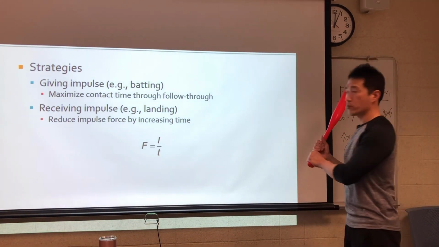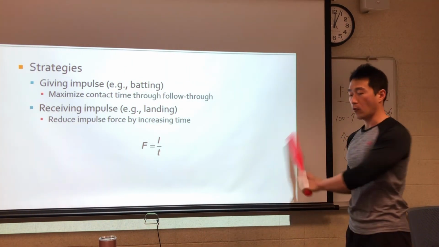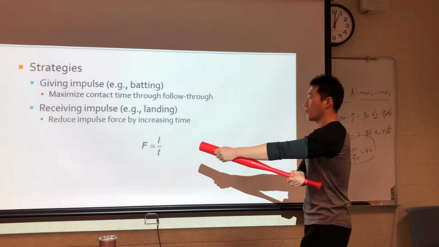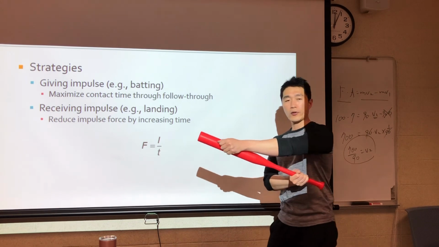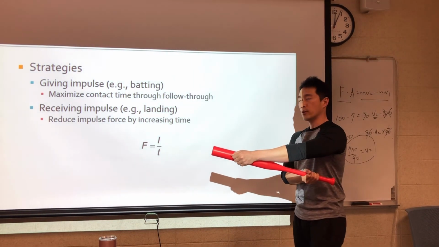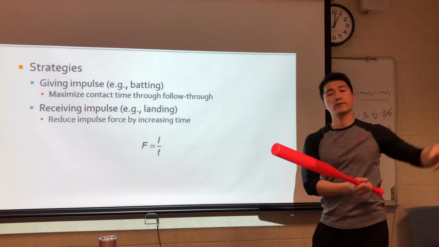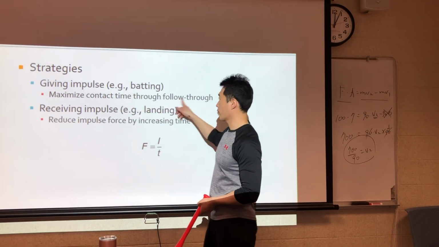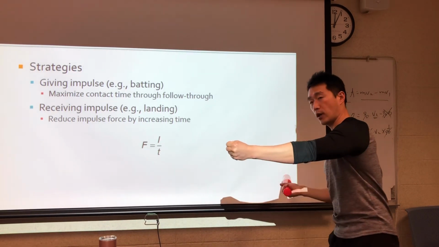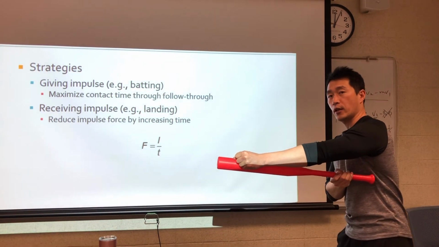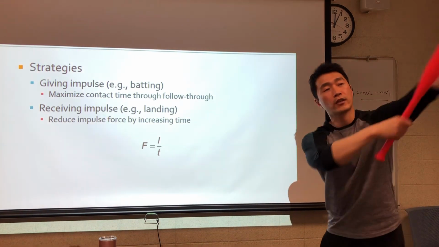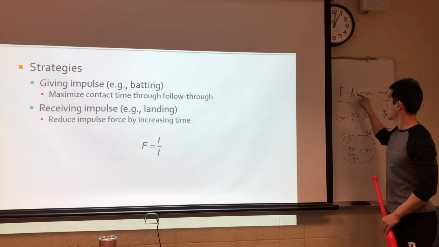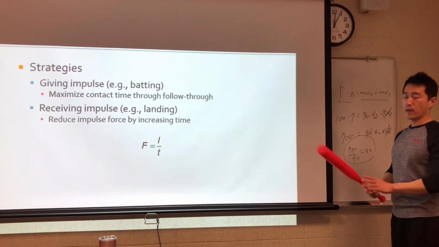When you hit the ball right here, you try to maximize impulse to send this ball as far as you can. So maximize contact time through follow-through. Once you contact here, you will apply a certain force, and during the follow-through you have to increase contact time. So with force and increased contact time, you will be able to increase total impulse.